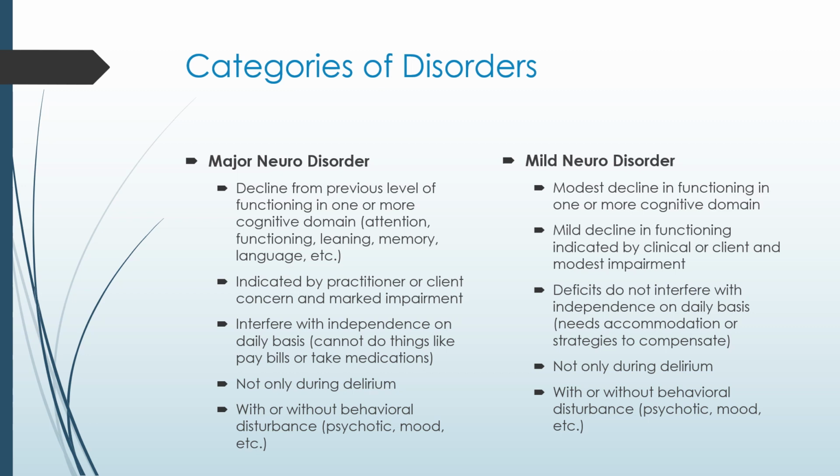So we have major and minor neurological disorders, and really these are similar. They only obviously differ in severity. So we'll start with major neurological disorder, and so this is seeing a decline from a previous level of functioning in one or more cognitive domain, meaning ability to pay attention, just general daily functioning, issues of learning, memory, language, etc. And it's important to find out what the baseline level of functioning was to track changes in neurological functioning.